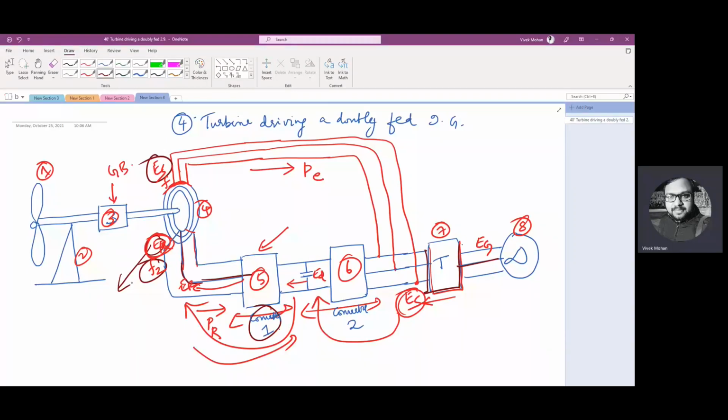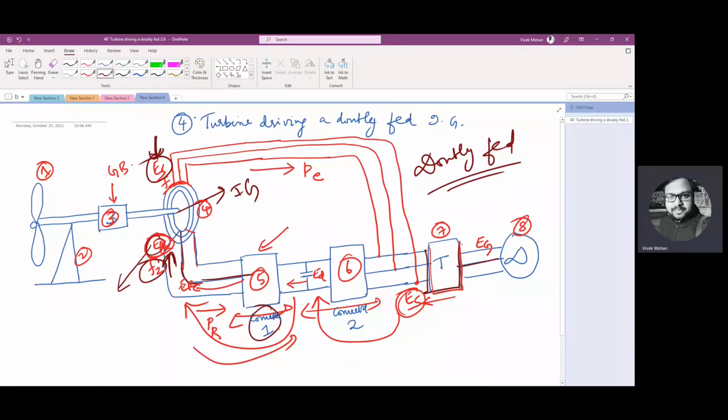The phase shift, the phase sequence, the magnitude, everything can be controlled by the converter control. So the machine is fed from two sources, ES and ER. That is why it is known as doubly fed. To the rotor, ER comes, to the stator, ES comes.